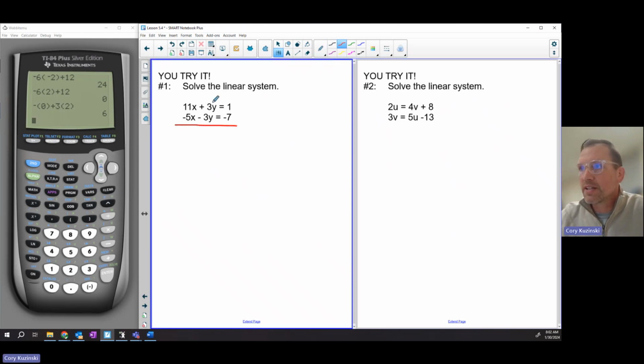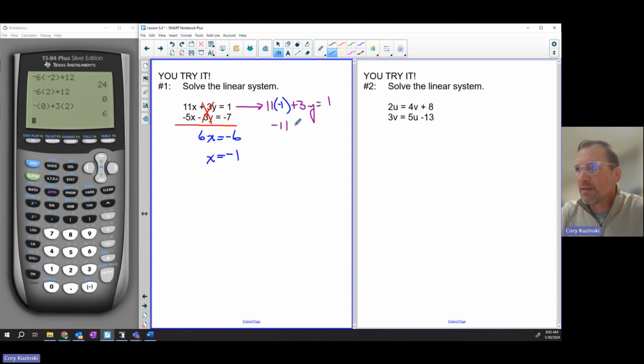So with this, it's nice because these are opposites. They just add up to 0. Great. 11x plus -5x is 6x. 1 plus -7 is -6. So I can quickly see that x is -1. Now I just got to figure out what y is. So I think I'll take this top equation and I'll do 11 times x, -1, plus 3y equals 1.